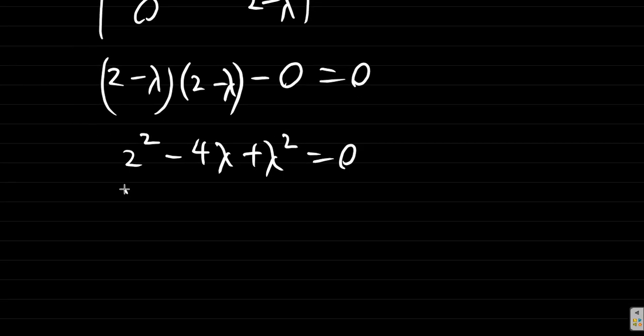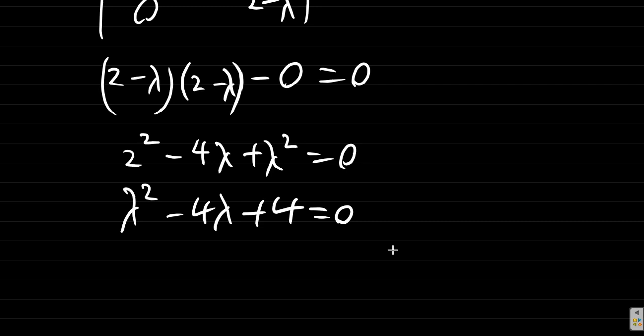So what we have is lambda squared minus 4 lambda plus 4 is equal to 0. Now, if we solve this, we will get lambda. How can we solve this? Can we use factorization? Let's see.